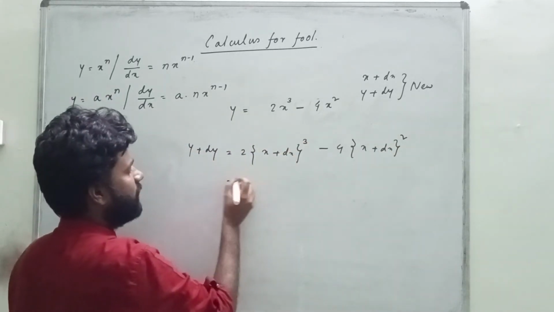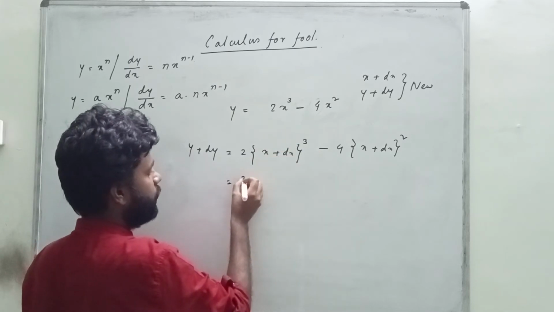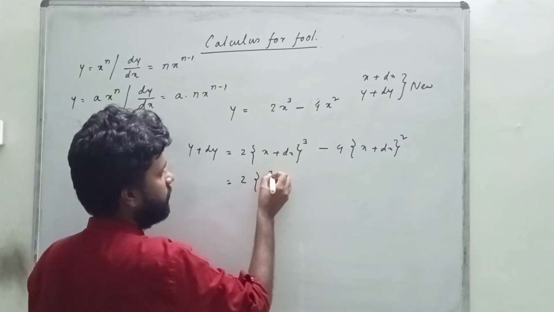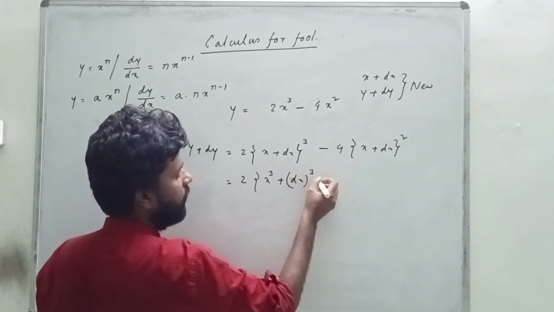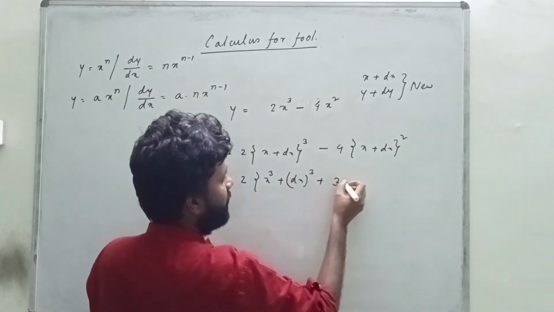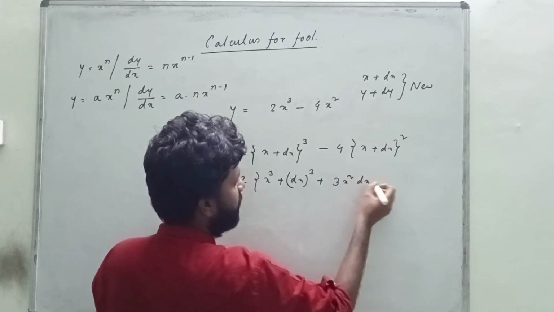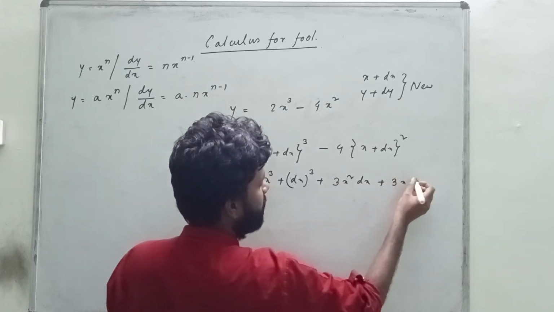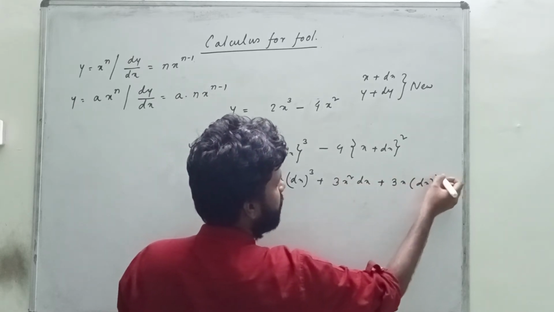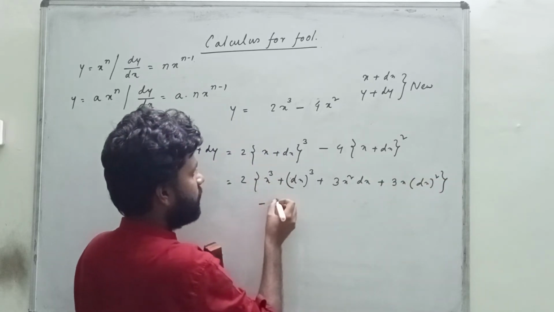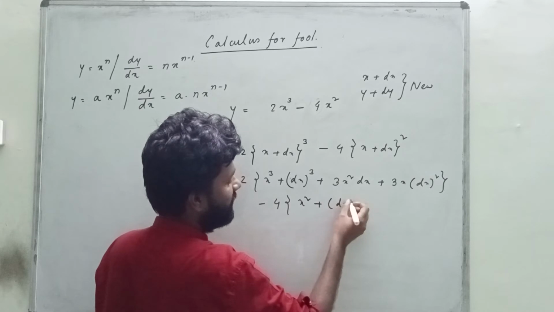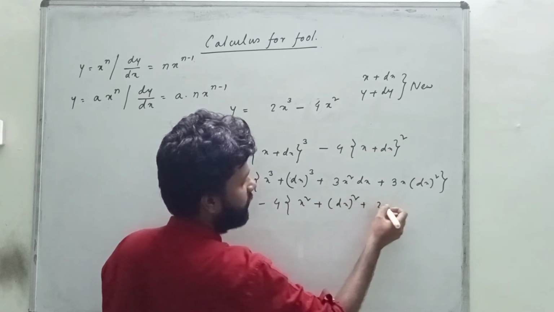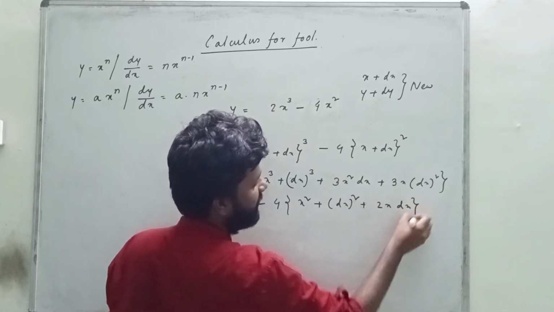So another very simple thing, a plus b whole cube, it is x cube plus dx cube plus 3x squared dx plus 3x dx squared minus 4 into x squared plus dx squared plus 2x dx, right?